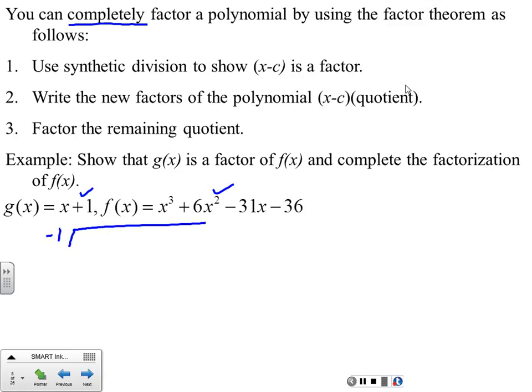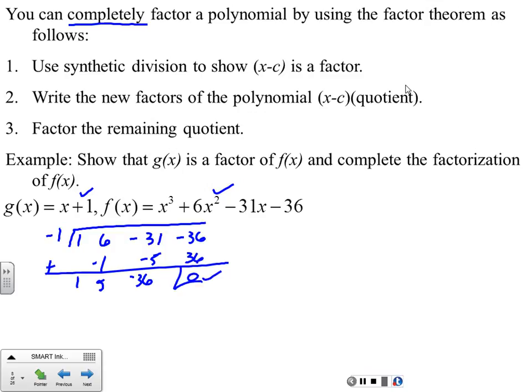into, we're not skipping any exponents, so we have 1, 6, negative 31, negative 36. Do the synthetic division, drop the 1 straight down. Negative 1 times 1 is negative 1. Add them together and you get 5. Negative 1 times 5 is negative 5. Add them together and you get negative 36. Negative 36 times negative 1 is a positive 36.